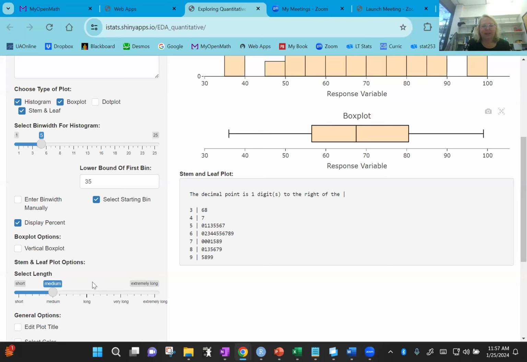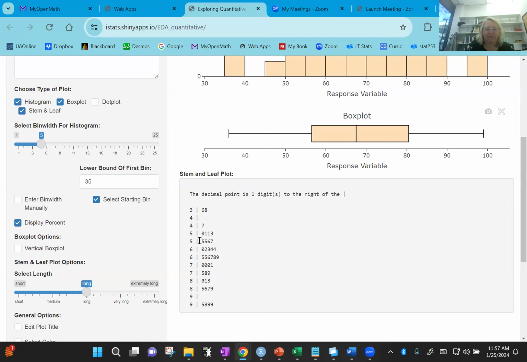Now when you make this one long, the first value is 0 through 4. The second value of the same stem, this is 2 lines per stem, is now 5 through 9. So see the 5s, this represents 50, 51, 51, 53.